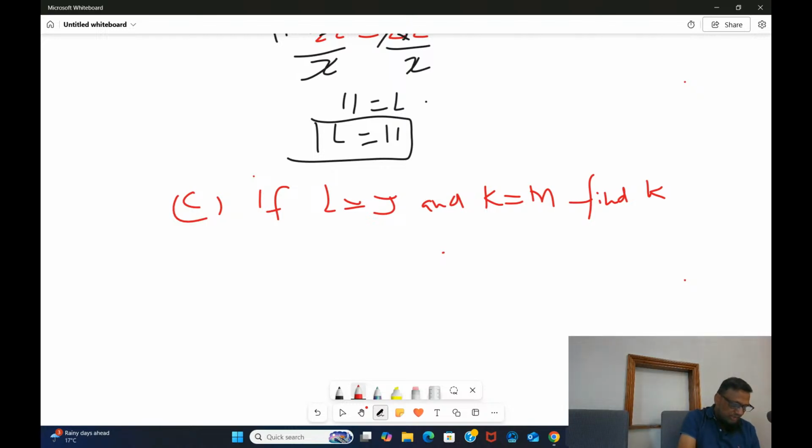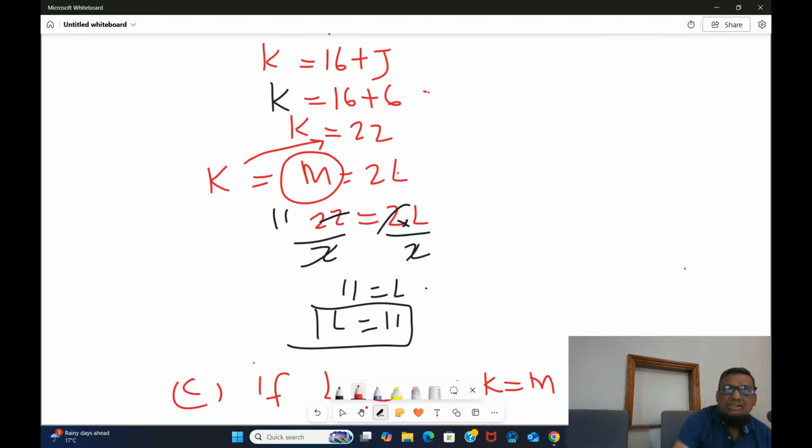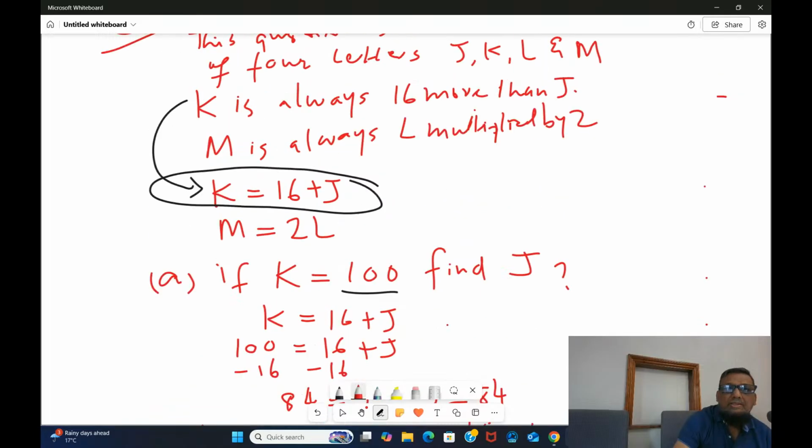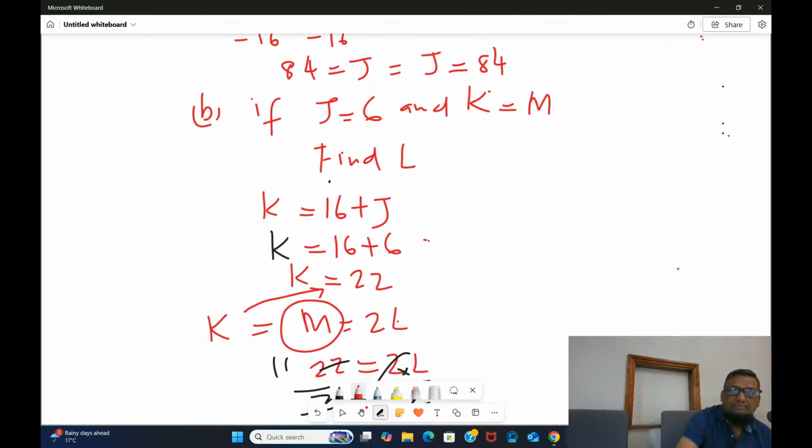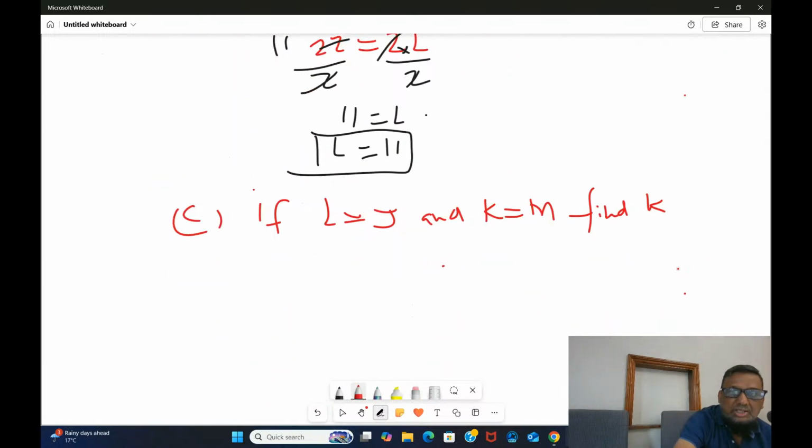So you need to go for the first expression, which says, if you go back and check, K equal to 16 plus J. So now what we're going to do, we're going to work it out.